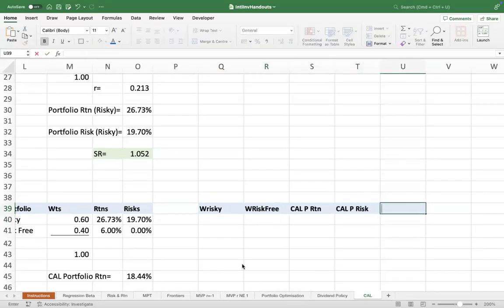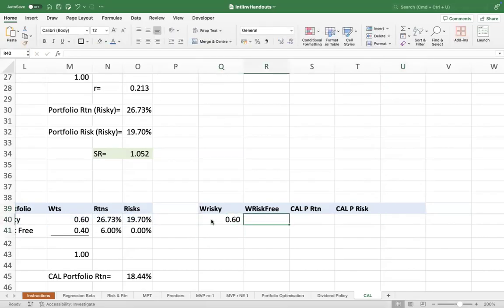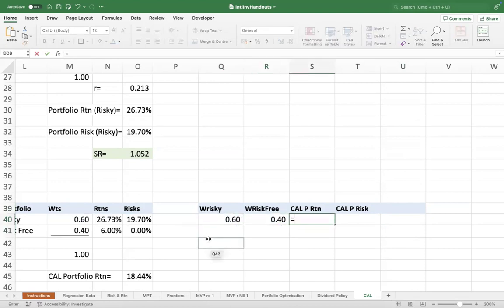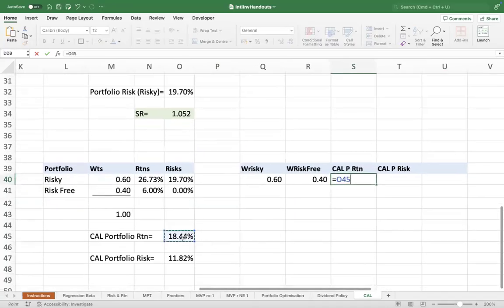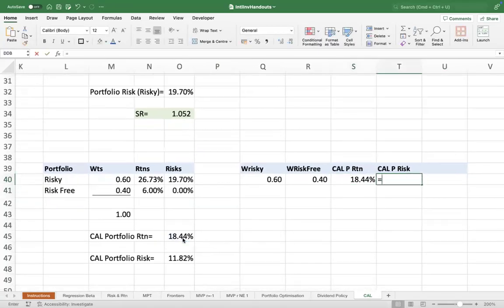Or rather, we don't need the Sharpe's ratio. We'll see later. So now let's see. If I take my weight of risky from here, weight of risk-free will be 1 minus weight of risky. CAL portfolio return is 18.44 in the base case.